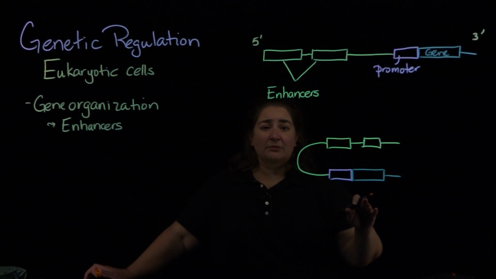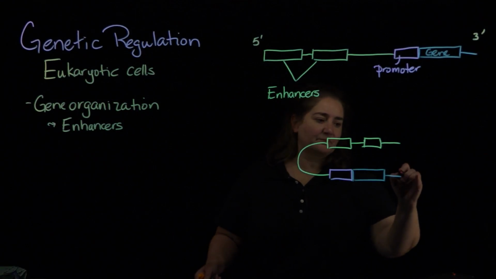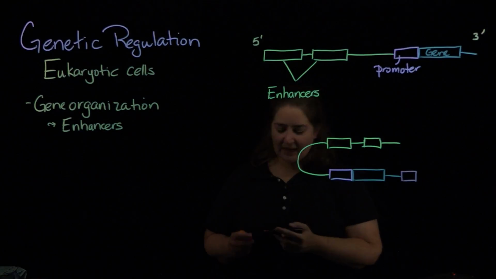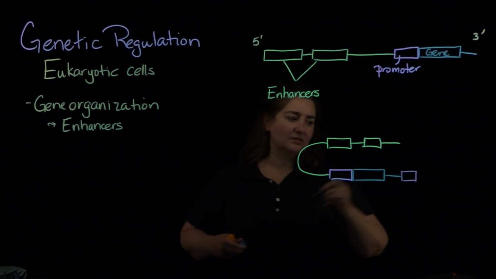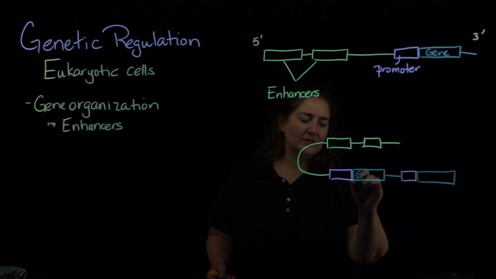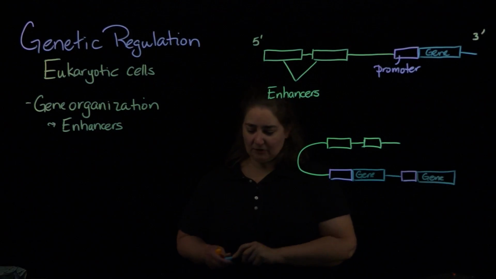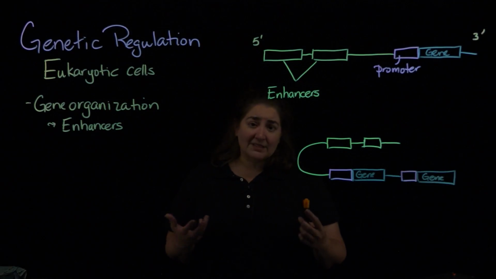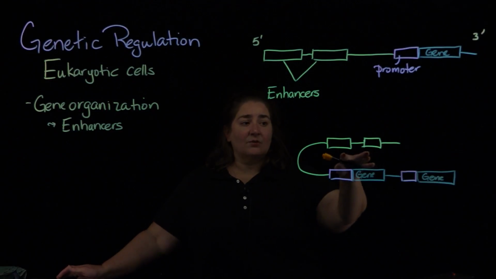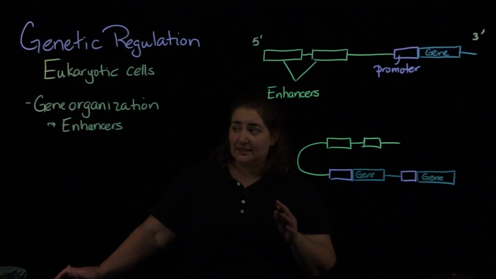They aren't necessarily related, and they would have separate promoters. So we can hypothetically have another promoter down here. This would be our gene for eye color. This might be our gene for those pancreatic enzymes, okay? And depending on what cell we're in, that's going to dictate where the enhancers are going to tell the RNA polymerase it needs to bind.